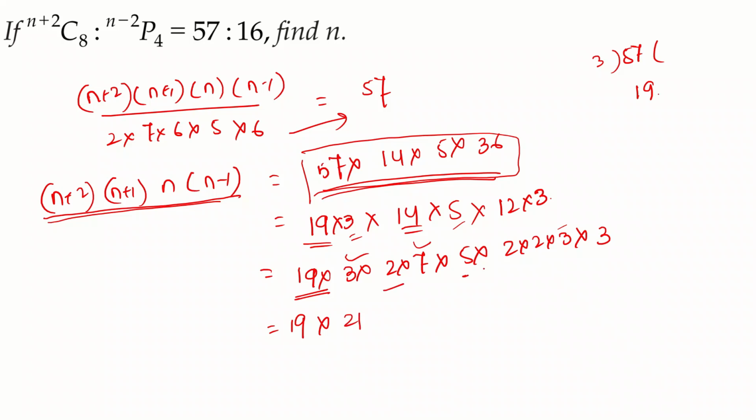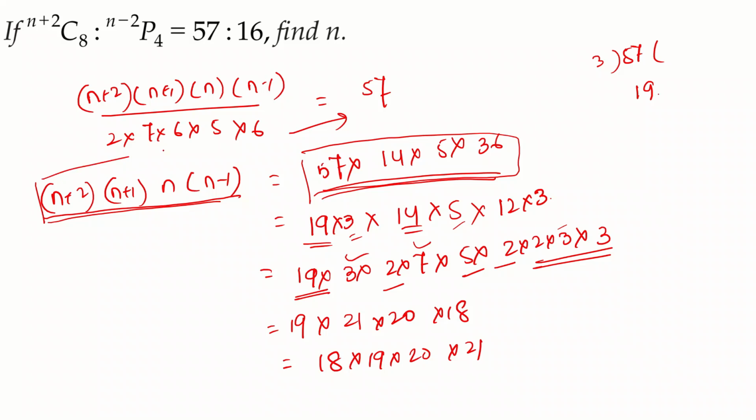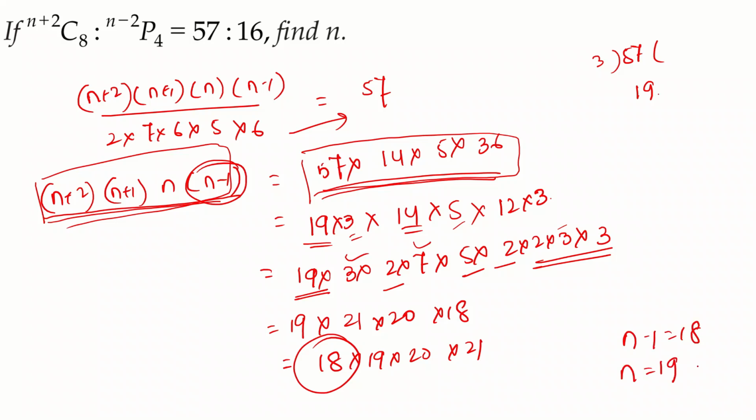Then this 2, 5 and 2 give me 20: 2 times 5 is 10, times 2 is 20. And then these 3s give me 18. So see, I have got 4 numbers which are consecutive. I get 18 times 19 times 20 times 21. So these are the 4 numbers, and they are equal to these 4 numbers. So you see which is the smallest number out of these, n minus 1, and which is the smallest out of these, 18. So I get n minus 1 is equal to 18, so n is equal to 19, and this is my answer.